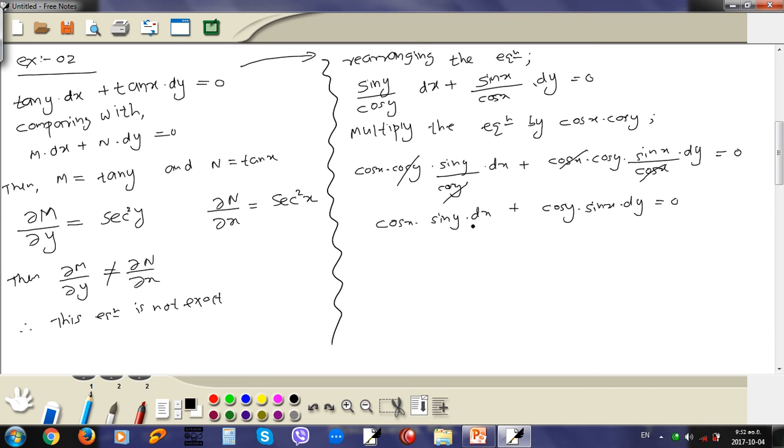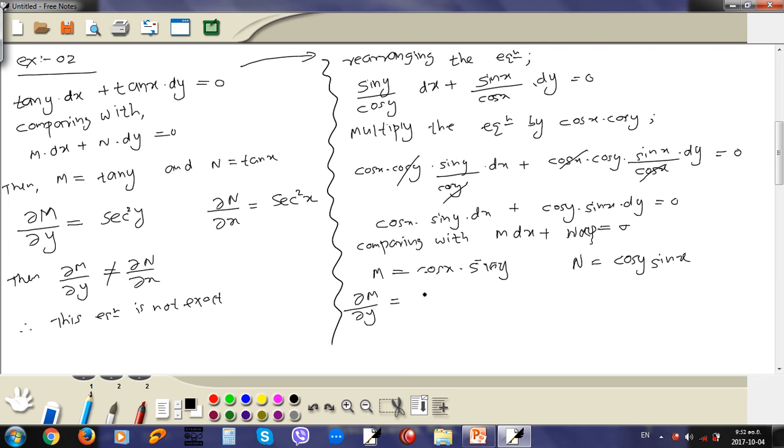This equation is also in this form, comparing with M dx plus N dy equals 0. M equals cos x sin y, N equals cos y sin x. Then we can find ∂M/∂y.